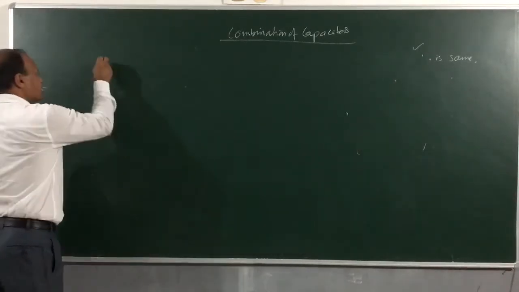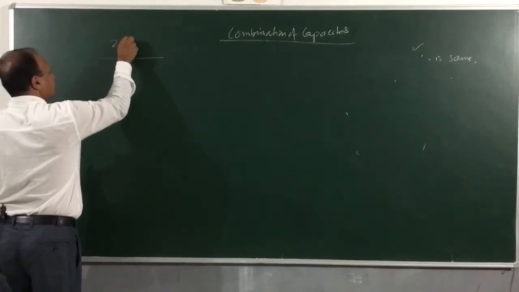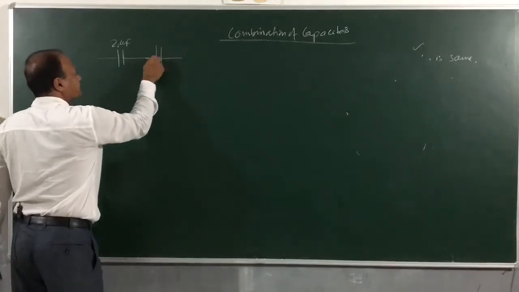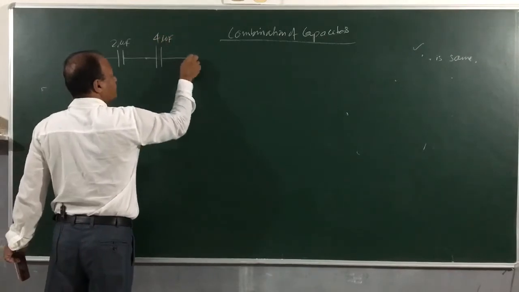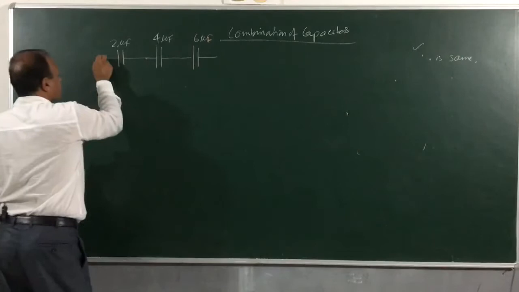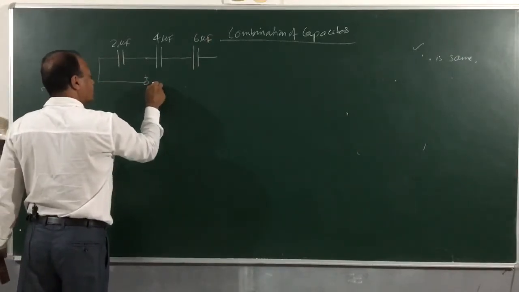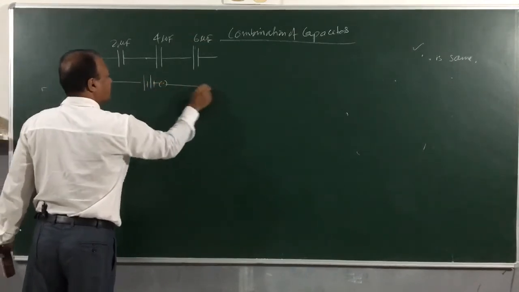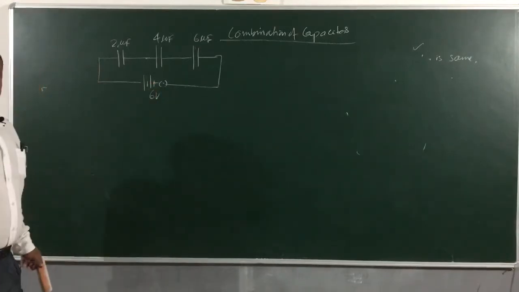Here we have a network of capacitors, 2 microfarad, 4 microfarad and 6 microfarad, and the whole network is connected to a 6 volts battery.